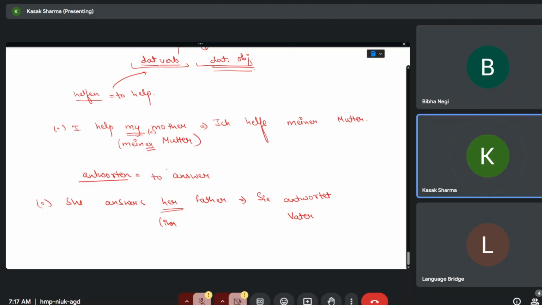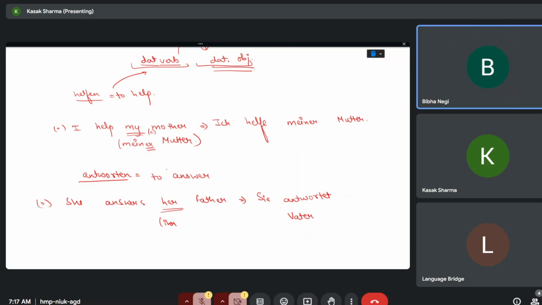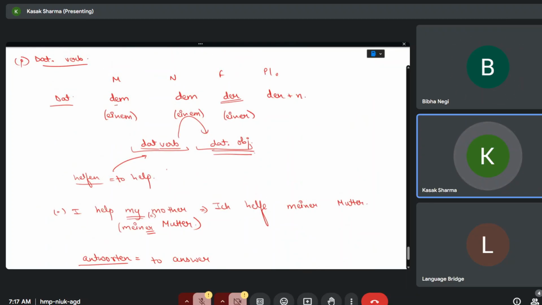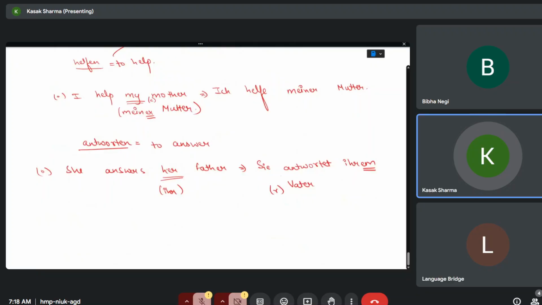So it will be here according to dative, ihrem. The article of Vater is der, and in dative it will change into dem, so the em ending is there. This will remain the same for possessive pronouns as well. Like here we did meiner Mutter, in the same case it will be ihrem Vater. Clear with this dative?